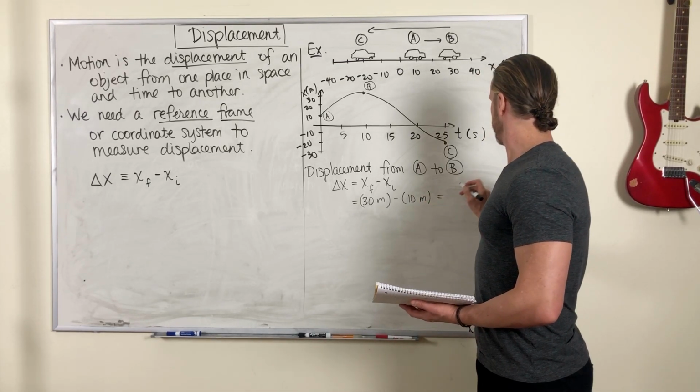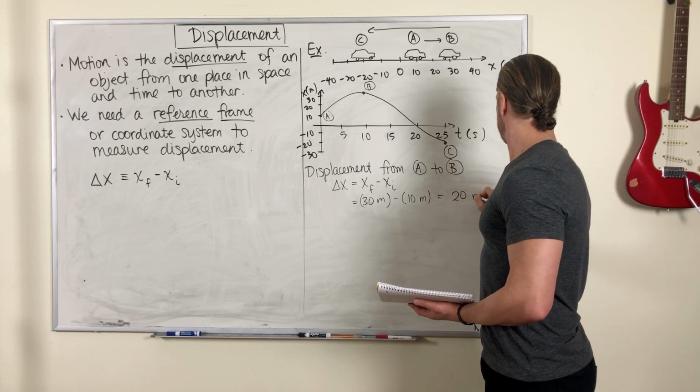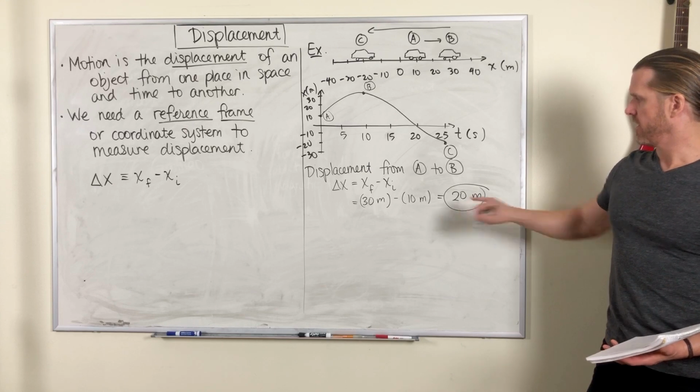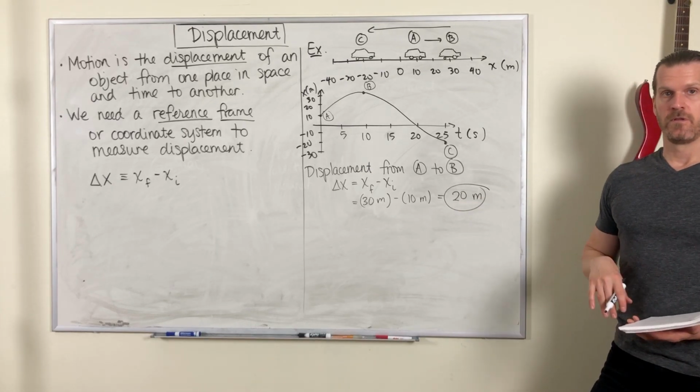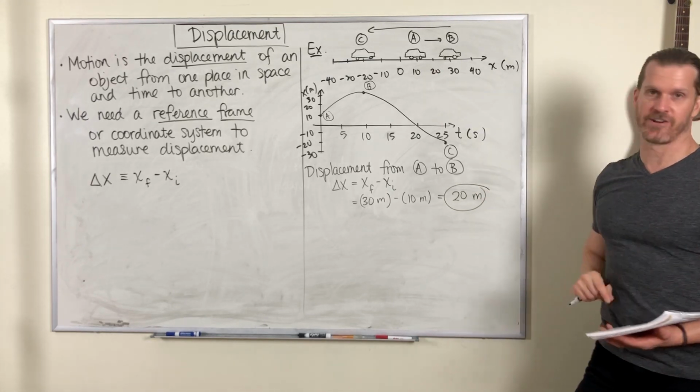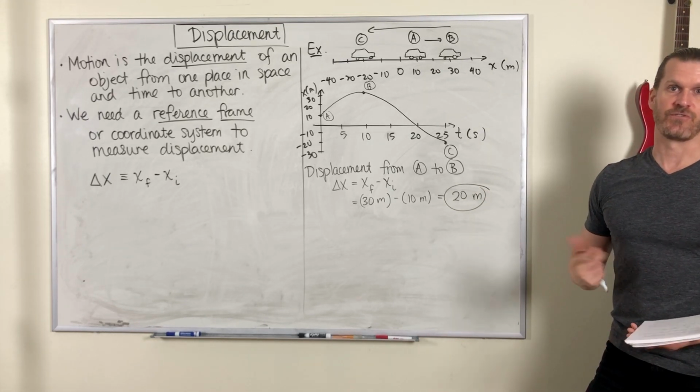So that equals 20 meters. And that's a positive number, which means that the car has moved in the positive direction in this coordinate system, which is to the right.